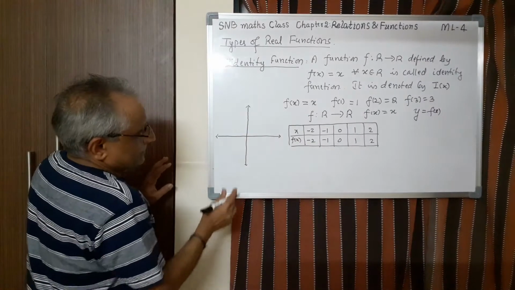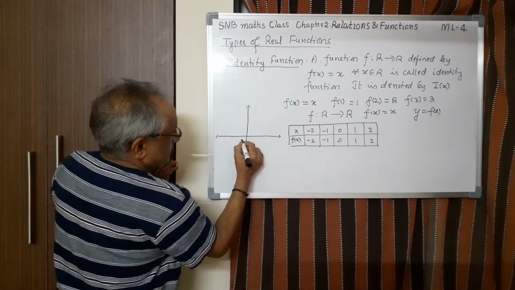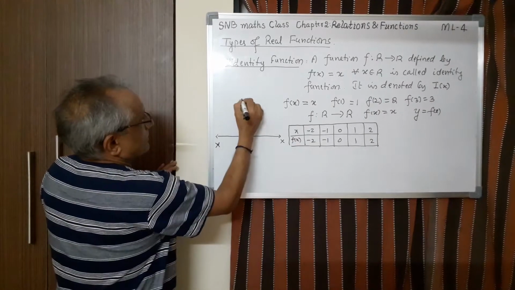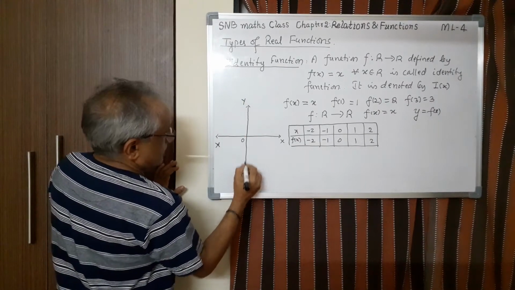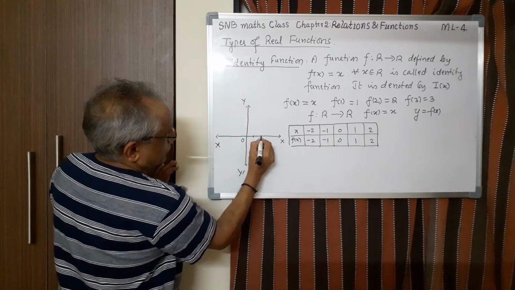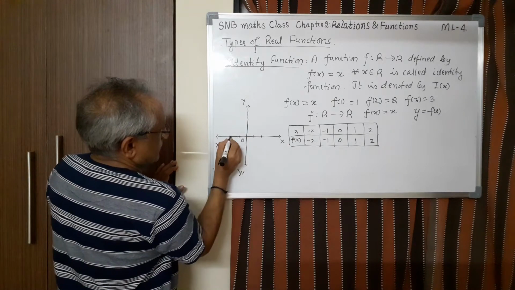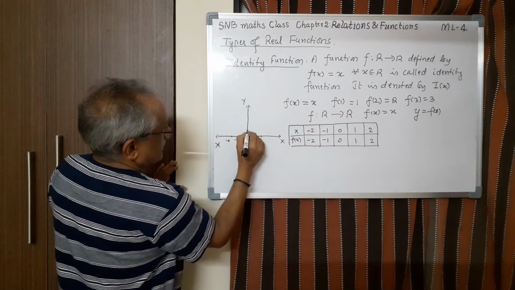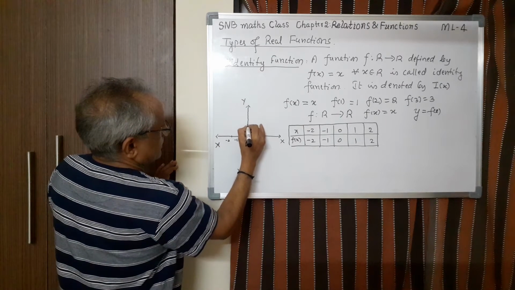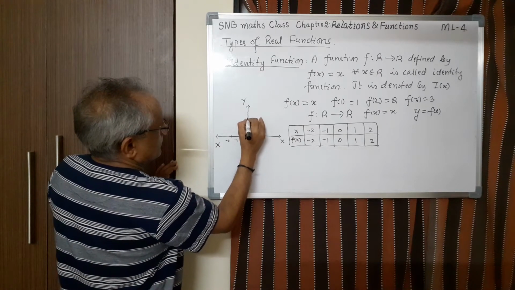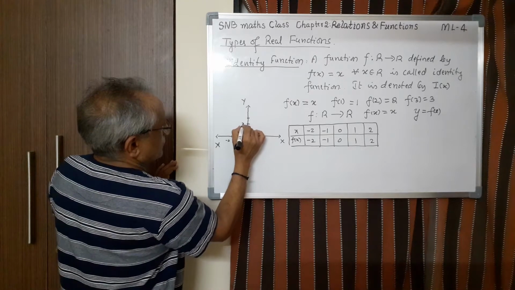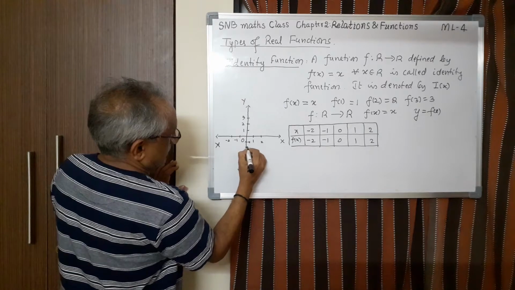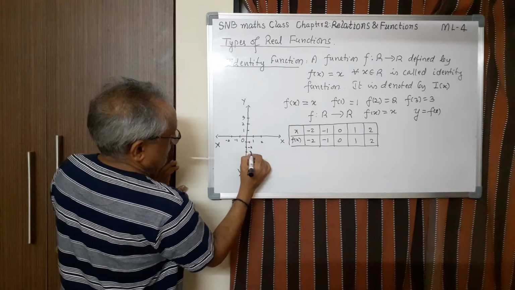First mark the origin 0, then 1, 2, -1, -2 along the x-axis, and 1, 2, 3 and -1, -2, -3 along the y-axis.